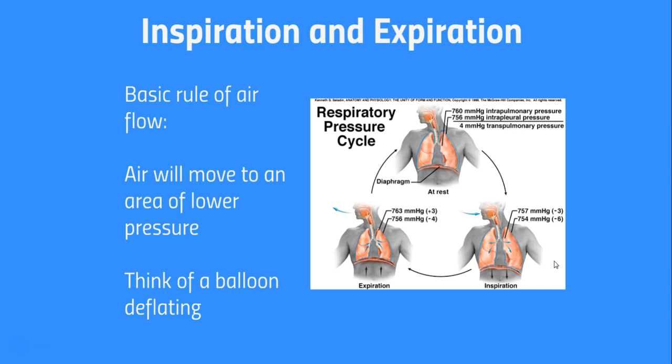Now once you've got that concept down in your head, you can actually start to understand the second part of breathing, which is expiration. So I just want you to note again, things to note here. First thing, at rest, pressure inside the lungs the same as outside air pressure, 760. If we want to breathe in, the diaphragm flexes down, opening up the lungs at the bottom, and the rib cage lifts up, expanding the lung space.